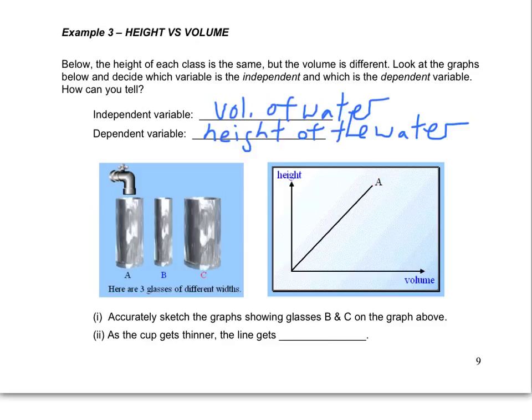Now, if we were to graph the other two, if we look at B, it's thinner, so it's going to increase more sharply, or steeper, and get full quicker, so less volume to it.